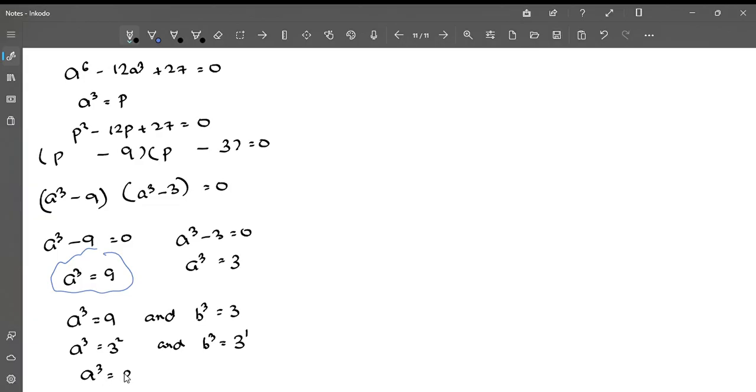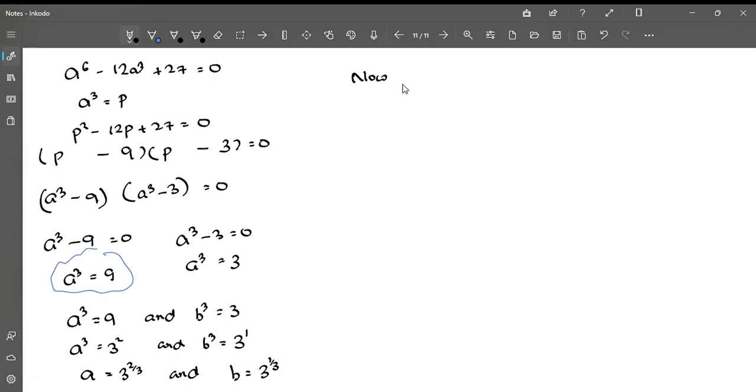Sorry, not a cubed, a equals 3 to the power 2 over 3 and b equals 3 to the power 1 over 3. Okay, this part is done.